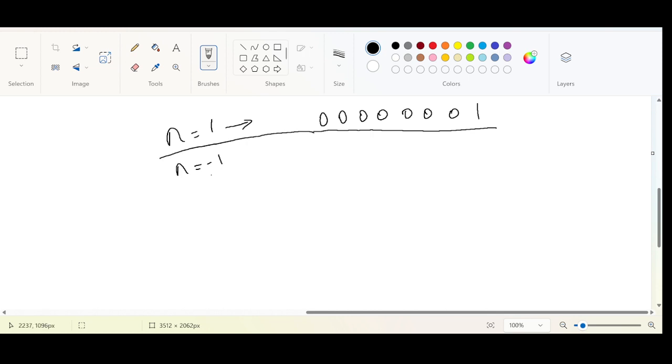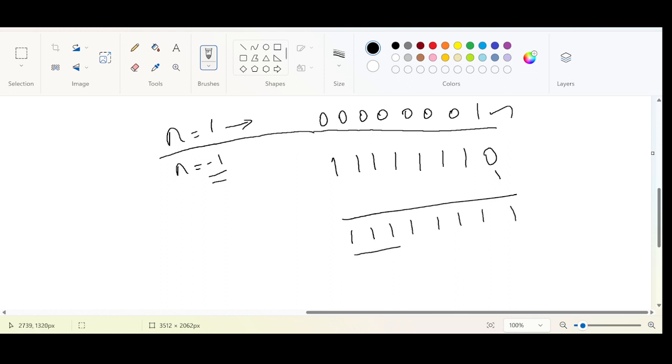But if I want to do the same thing for n equal to minus 1, I need to find 2's complement. Before finding 2's complement, I will have to find the 1's complement: 1 1 1 1 1 1 1 0. 1's complement is done. Add a 1 to it to get the 2's complement, so 1 1 1 1 1 1 1 1. This is the 2's complement of the number, right?